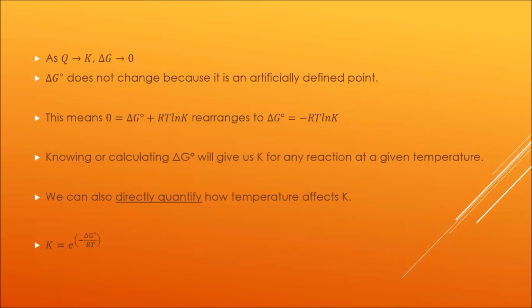Finally, we're going to relate this equilibrium to the likelihood of this reaction proceeding forward or reverse. Remember that when we were talking about equilibrium in chapter 15, we said that Q is the reaction quotient at any given time.